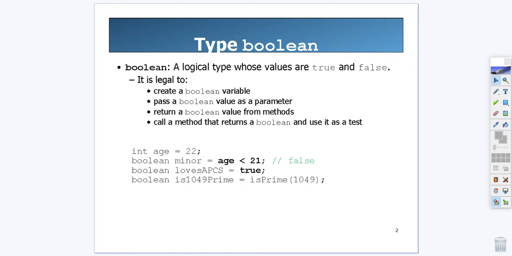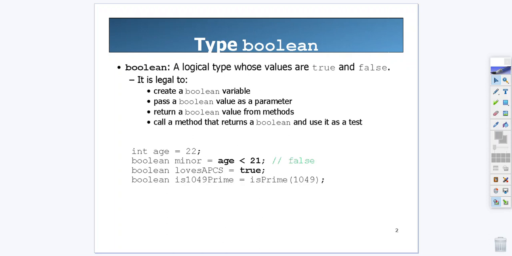All right, so first let's talk about what a Boolean is. A Boolean is a logical type, it's a primitive type, and it only has one of two possible values, true or false. Now, because it is a primitive type, you can create a Boolean variable. You can pass a Boolean value to a method as a parameter.